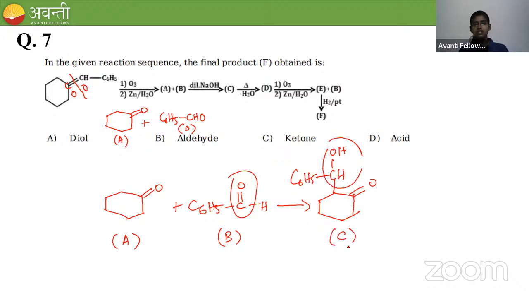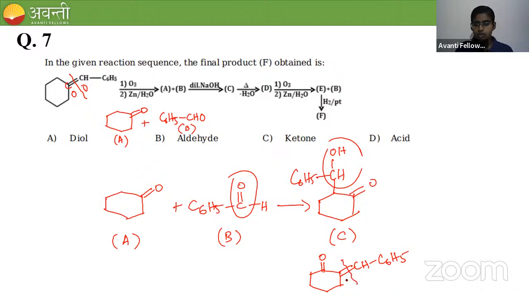From compound C, you have to eliminate water and you will arrive at compound D. So compound C on dehydration forms, I'll put the double bond here, CH, C6H5 back again. So this is compound D, and we are getting the same reactant here again. This compound D on ozonolysis again forms E and B. You have to break this bond.